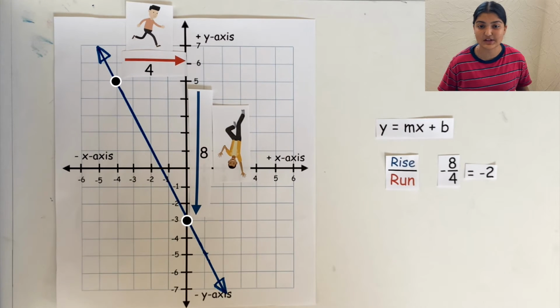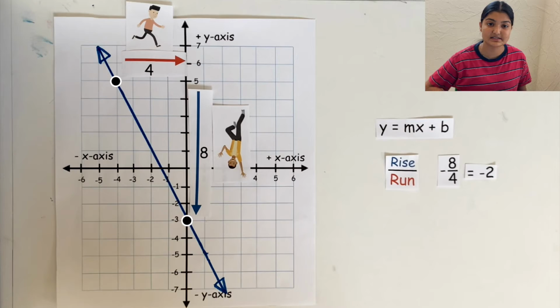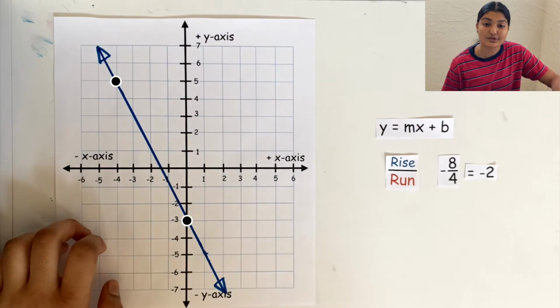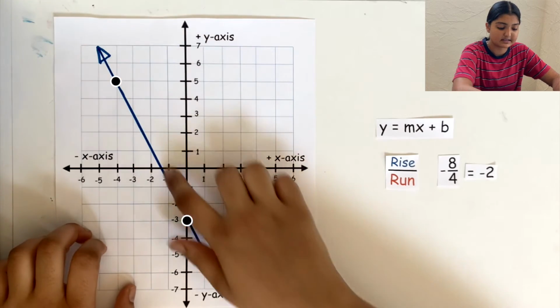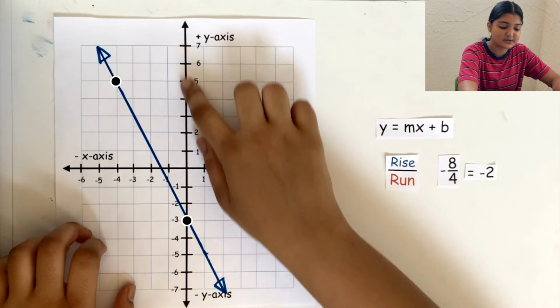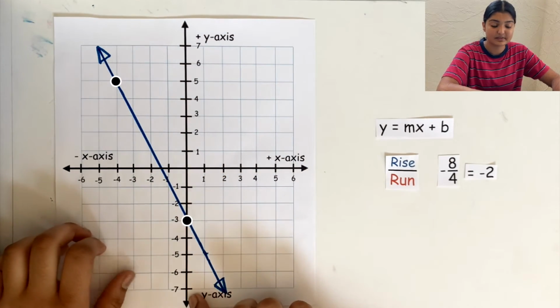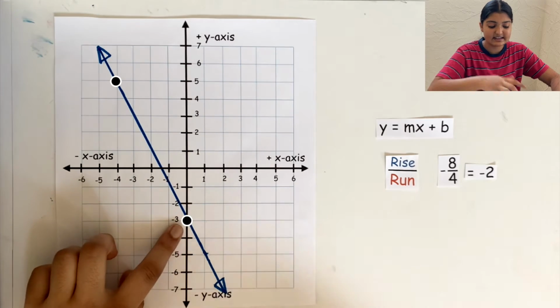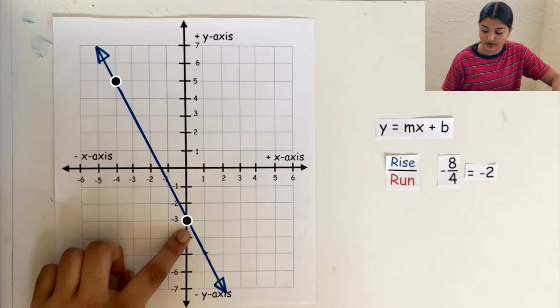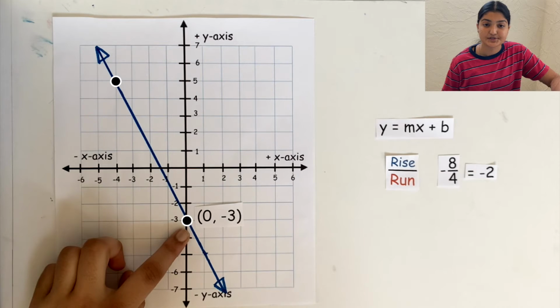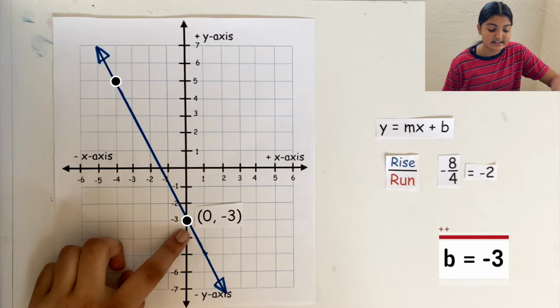Now, we know the slope, but what about the y-intercept? Well, the y-intercept is simply where the line meets the y-axis. We can see that it does that at this point. So the y-intercept of this line is negative 3.